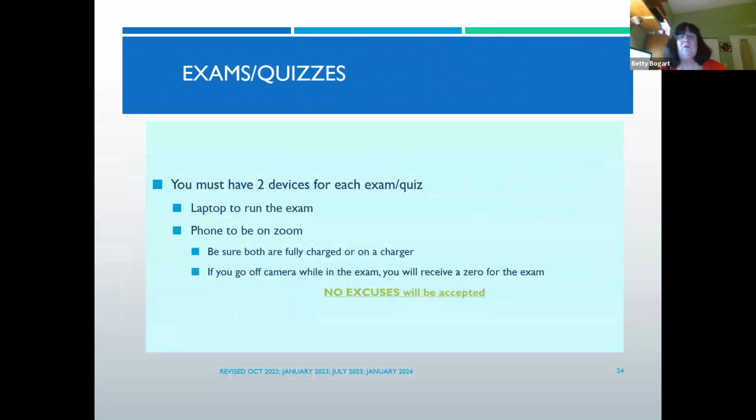For exams, quizzes, come in on your phones, make sure it's charged, and then have your laptop for your exams. Again, it must be visible the whole time, and I'll be sending you messages. By the time, maybe not by your quiz next week, but I'll get a whole worksheet of all your phone numbers, everything.